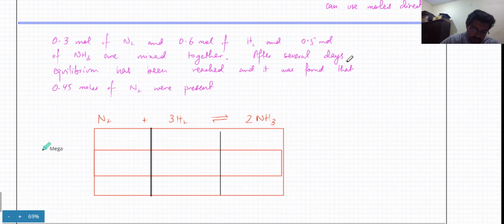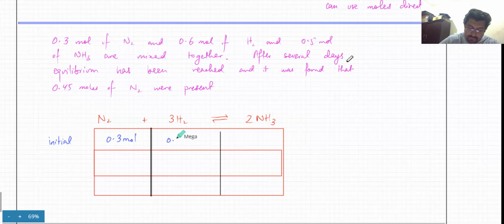The first thing is initial moles. Let's copy what's happening initially, right at the beginning. So you have 0.3 moles of N2. Is the equation balanced? It looks balanced. 0.3 moles of N2, and you have 0.6 moles of H2, and in the product, 0.5 moles of NH3.